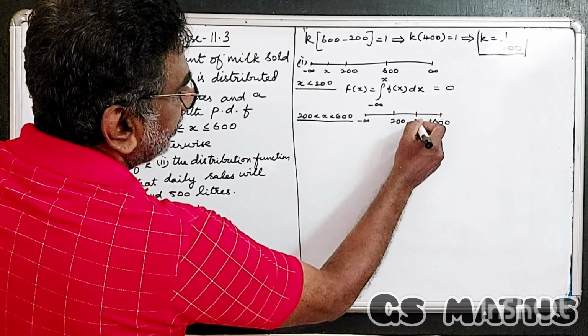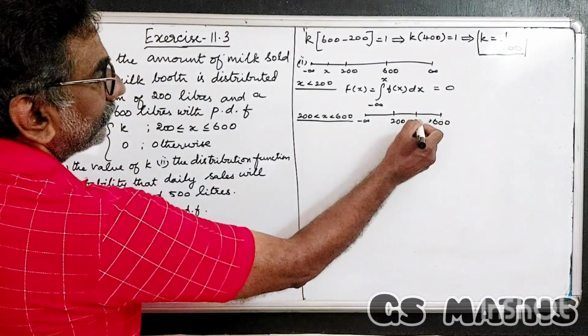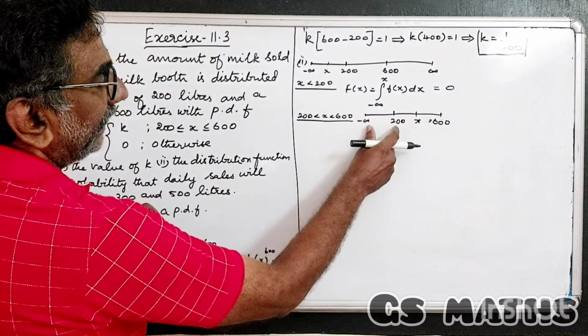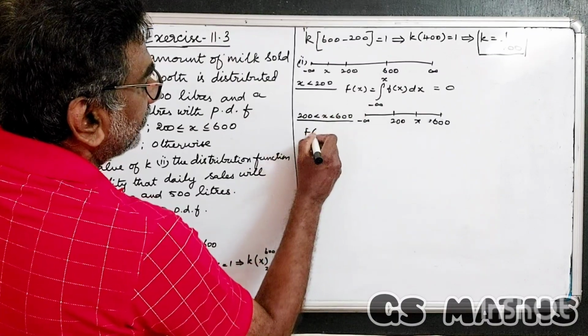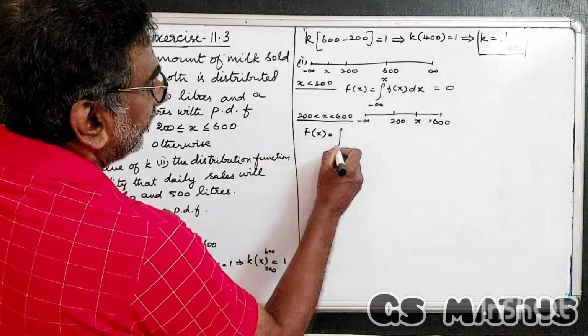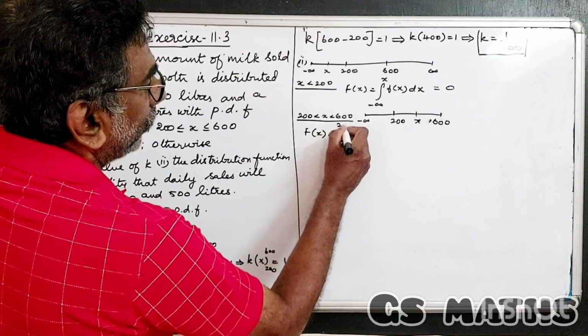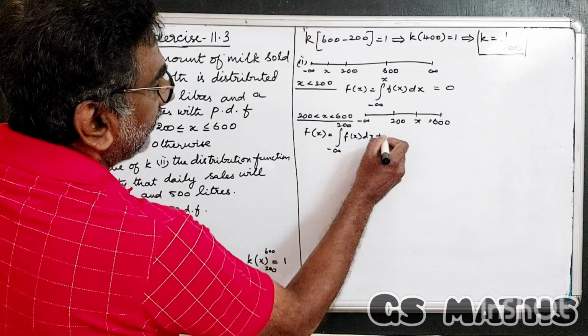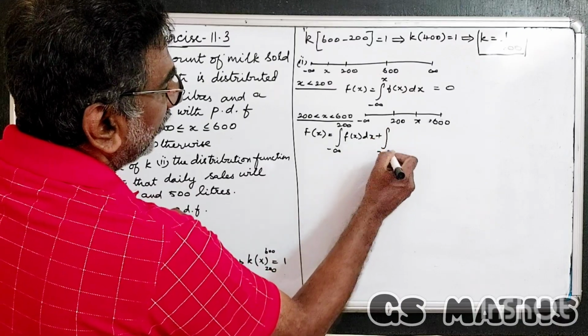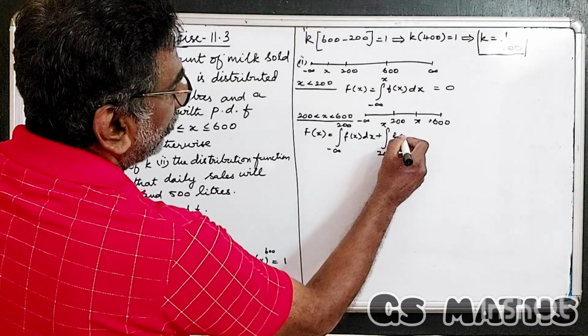If x lies here somewhere, from minus infinity to 200 it is full, and then from 200 to x. So what is capital F of x here? That is integral minus infinity to 200 f of x dx plus integral 200 to x f of u du.